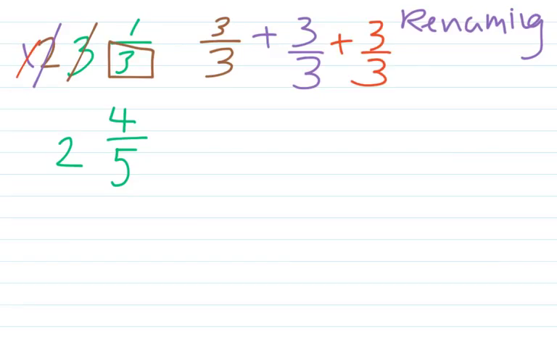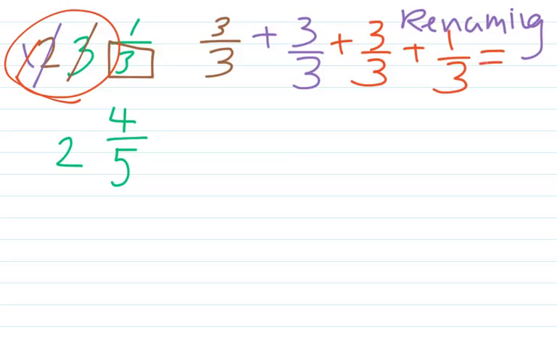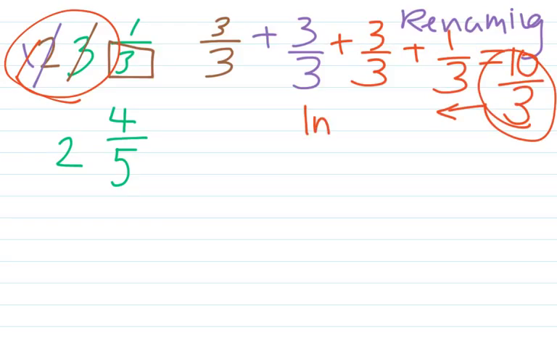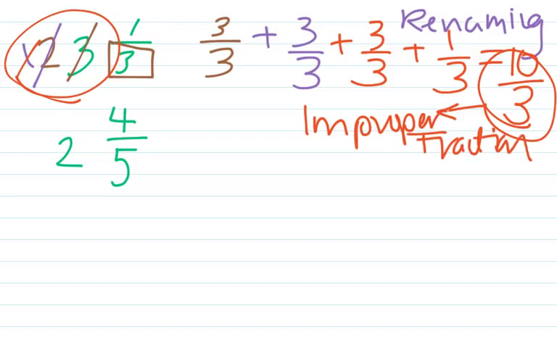So boys and girls, really, if we wanted to rename this mixed number, we'd say 3 plus 3 plus 3 is 9. Then plus 1 would be 10/3. And this is called an improper fraction. But, boys and girls, it is okay for this particular lesson because we're going to be subtracting these.